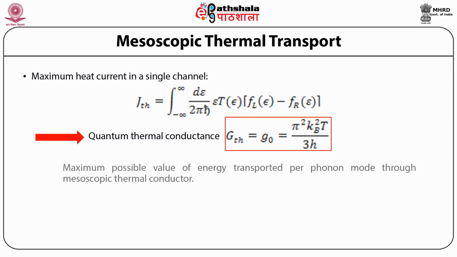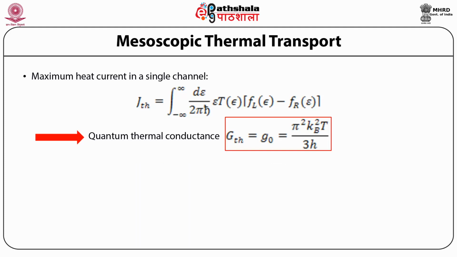This is the maximum possible value of the energy transported per phonon mode through a mesoscopic thermal conductor. It is also an amazing result that quantum thermal conductance does not depend on the statistics.